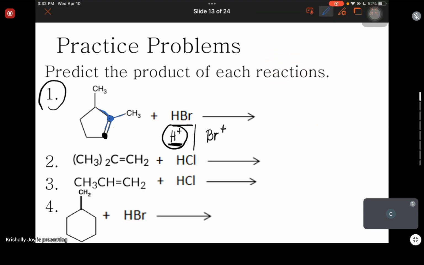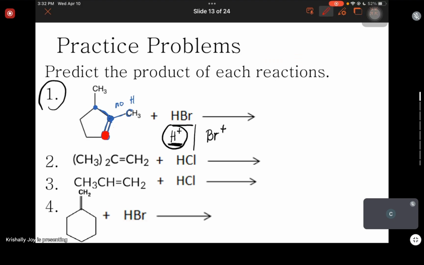So meaning, wala siyang hydrogen available. Tama? Ang meron sa kanya, may carbon dito, may carbon, lalo na dito. This is another carbon. So wala na siyang available hydrogen for color blue na highlighted double bond carbon.